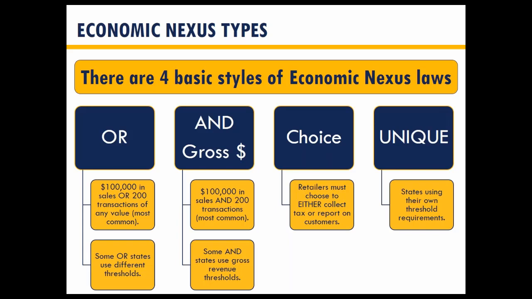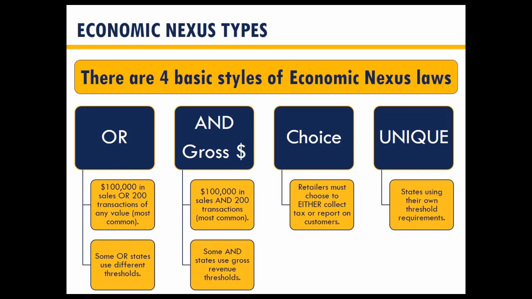The OR group, of which South Dakota is one, says if you make 100,000 in sales or 200 transactions, and a transaction is a sale or an invoice. It's not 200 of something or 200 line items on an invoice. It's per sale, per invoice, the transaction.